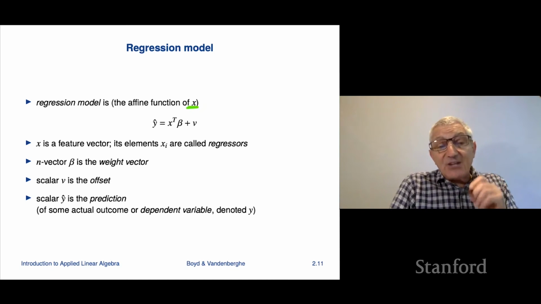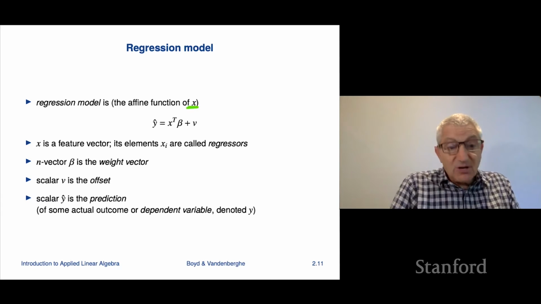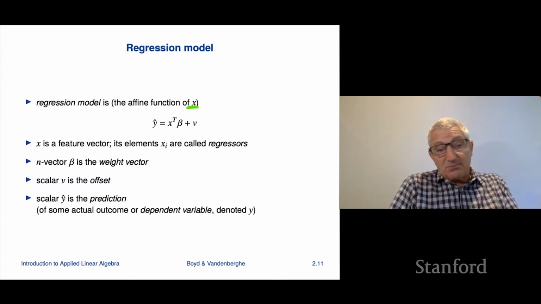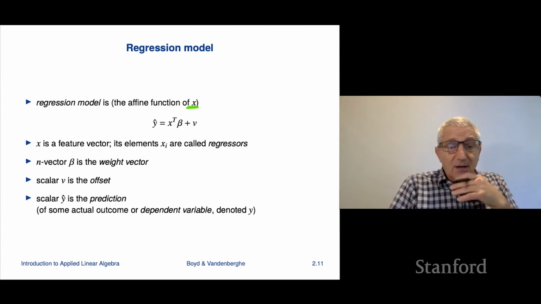And then the entries of x are attributes of that item. So, for example, if it's a patient, it could be their height, their weight. We could encode their sex as 0 and 1 for, let's say, male and female. We could say, are they experiencing chest pain? That could be encoded as 0 or 1, and so on.